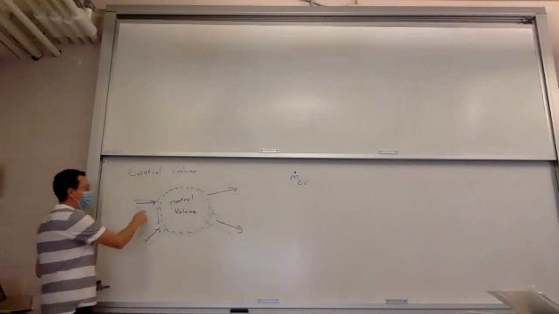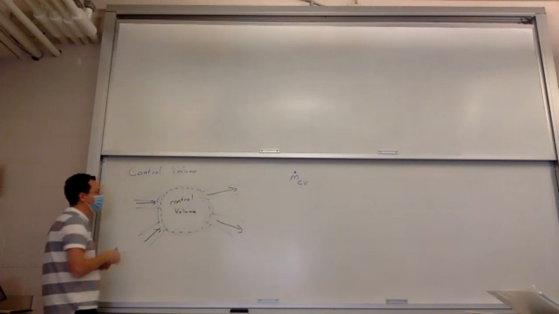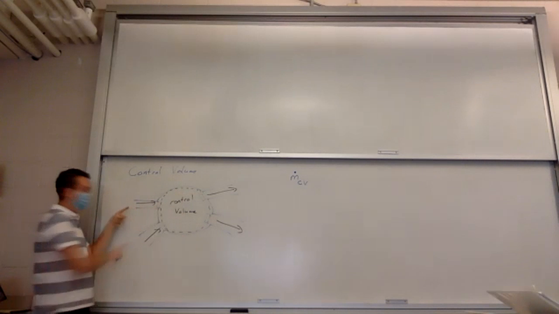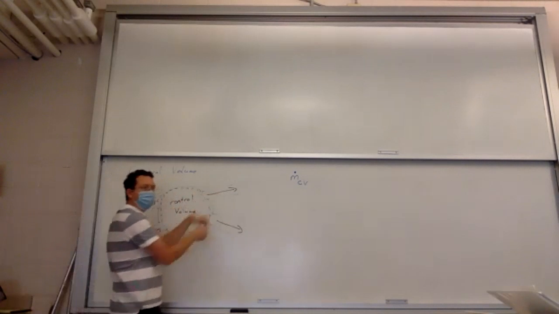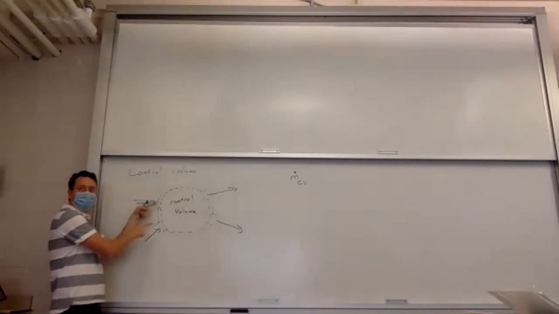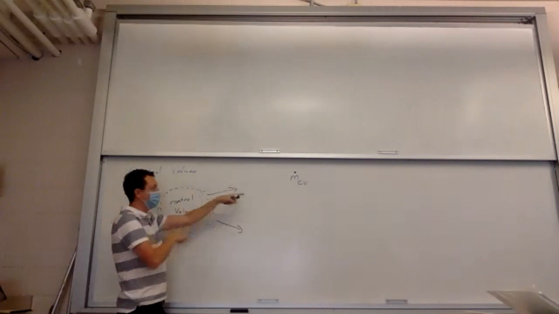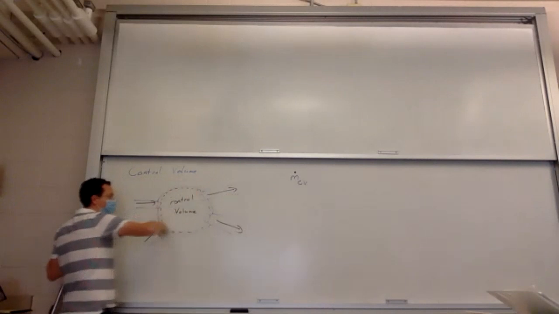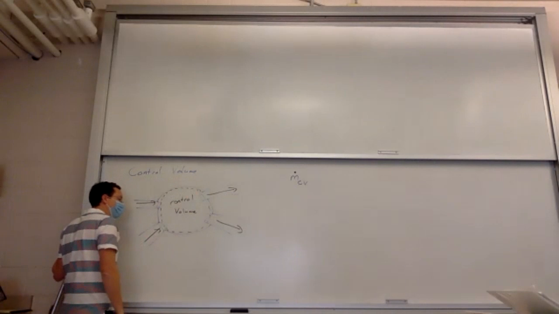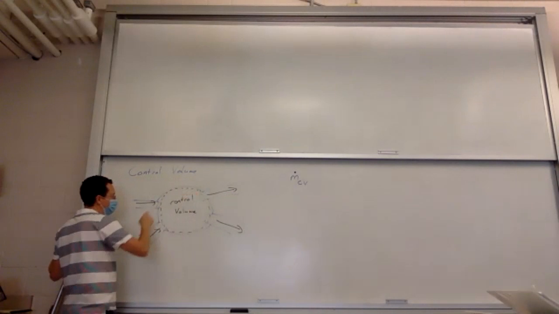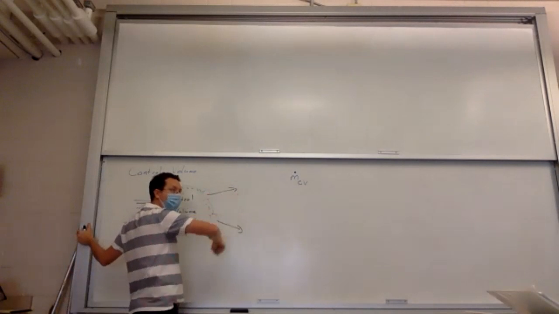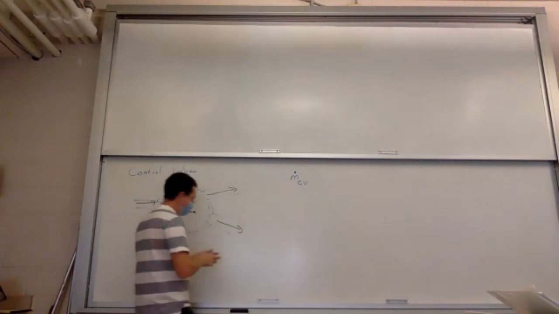So what I know then is that the mass per unit time, I've got inputs and I've got outputs. The inputs are going to count with plus signs, and the outputs are going to count with minus contributions. So to build up the overall rate of change of mass of the control volume, we're going to add up, with plus signs, the mass flow rates for the inputs, minus the mass flow rates of the outputs. Is that okay?